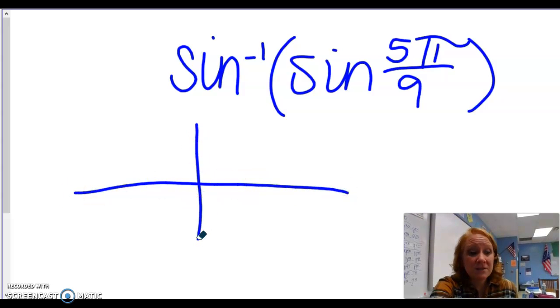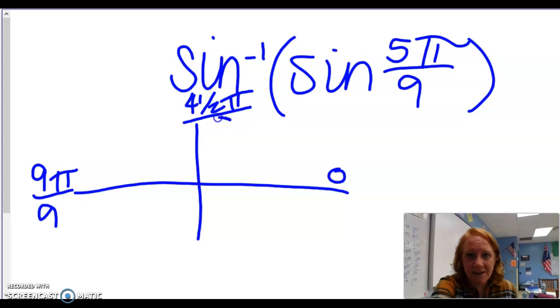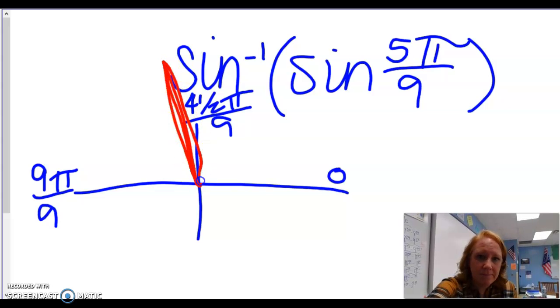I have to figure out, where does 5 pi over 9 live? Well, this is a whole pi, which would be 9 pi over 9. This is 0. Okay, what's halfway? Is 5 pi over 9 more than halfway? It is, because half of 9 would be like 4.5. Now, that's wonky. You wouldn't actually write it like that, but I'm just trying to get a reference point. So 5 pi over 9 is right here.